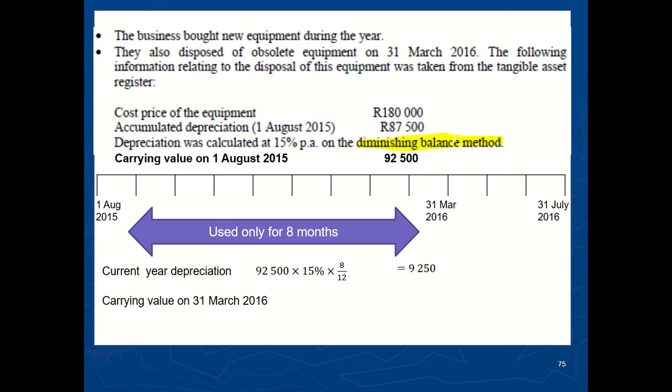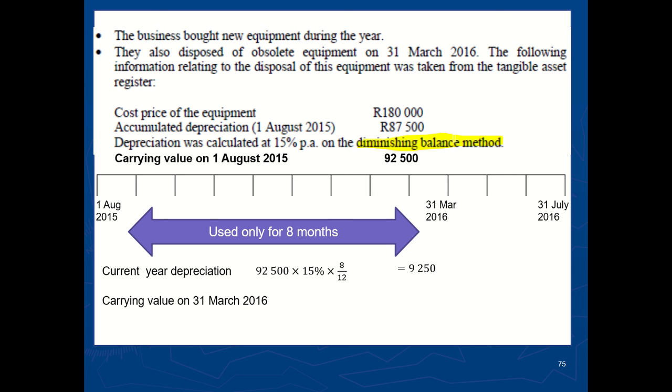Guys, remember, for you to calculate carrying value, you simply take the cost price minus accumulated depreciation of that equipment at that specific point. Accumulated depreciation is the sum of the depreciation. Accumulated depreciation at the beginning of the year was 87,500. There's no way that accumulated depreciation on the 31st of March 2016 will still be 87,500, because we have depreciated this equipment for 8 months.